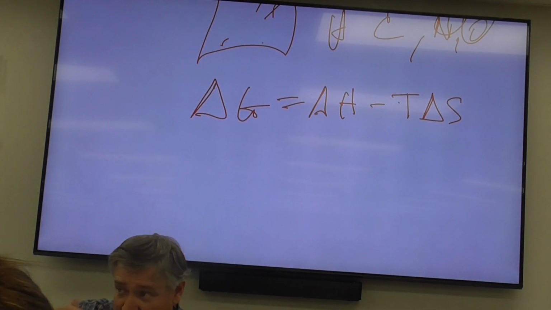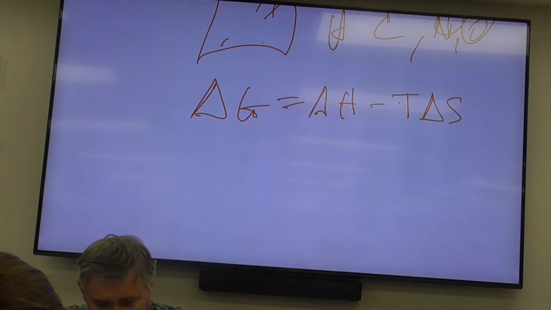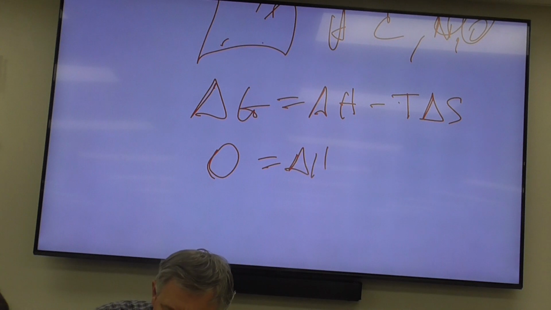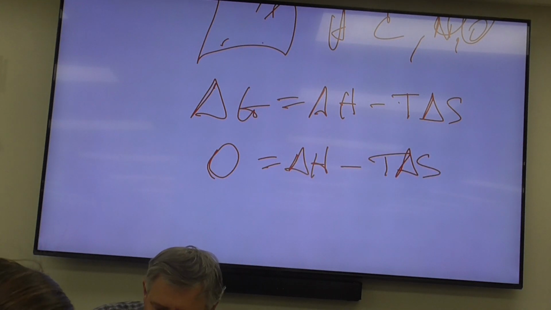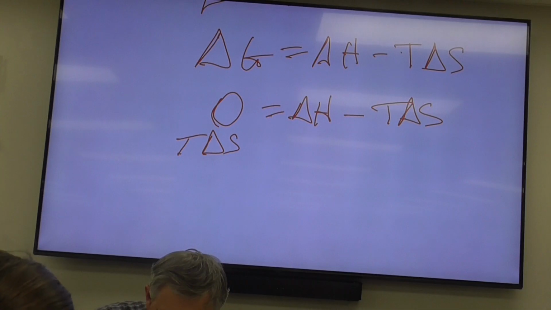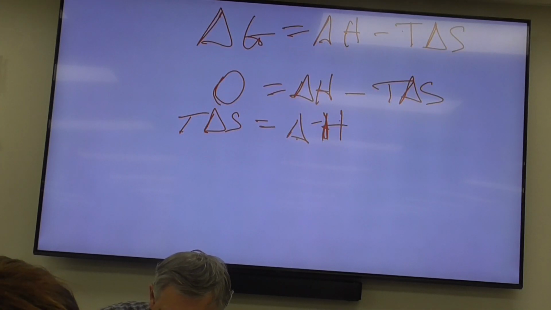So, now I'm going to transition into the next two sets of conditions. If you can reach a point of equilibrium, delta G is 0, so you have delta H minus T delta S equals 0. So I'm going to move this over, and I'm going to get T delta S equals delta H, okay?